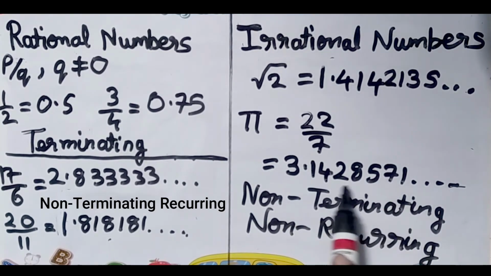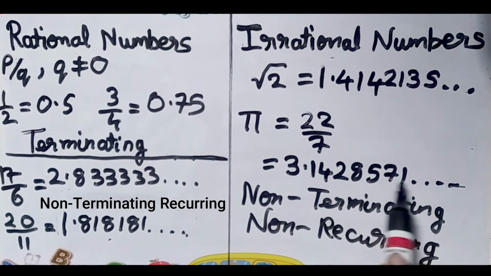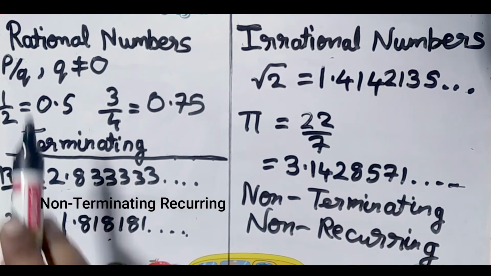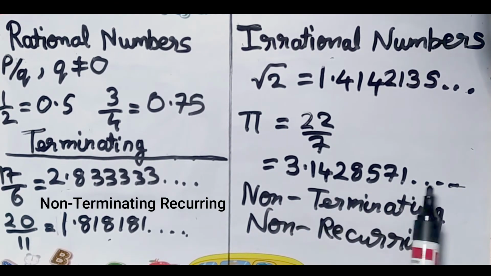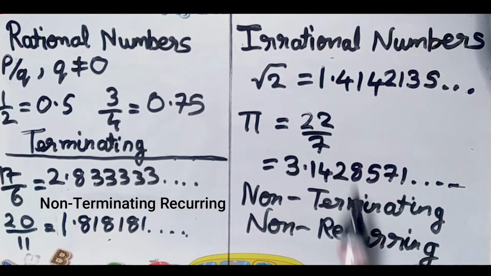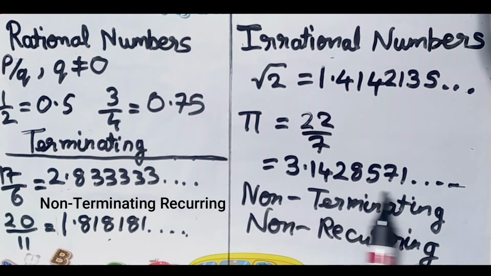It will go on, and the sequence of these numbers will be different. It will not repeat. See here, 8181, the sequence is repeating, so it is rational. But if there are non-terminating and non-recurring numbers, then it is irrational. The value of pi is non-terminating and non-recurring.